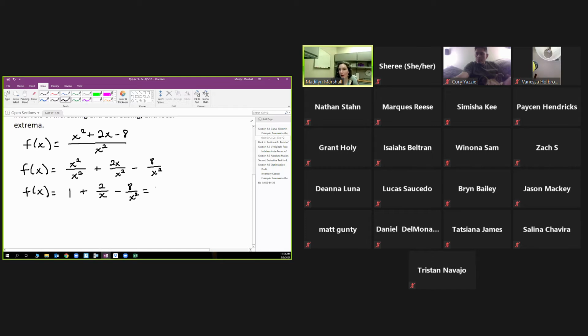To use the power rule here, we need everything in the form of x to a power, which means those x's would have to move up. So this is all just using algebra rules to change f a little bit so that we can use the power rule to take this derivative.